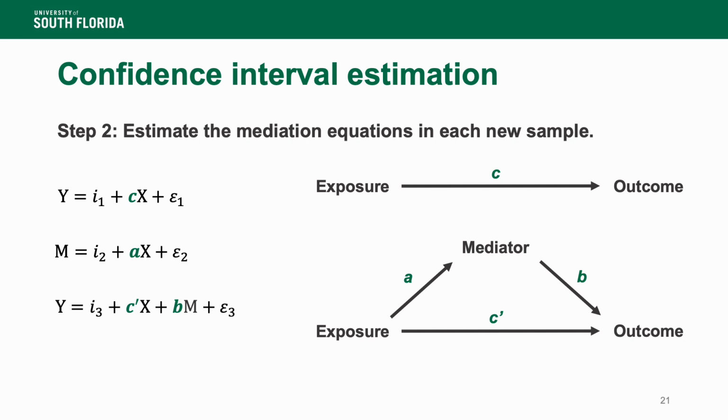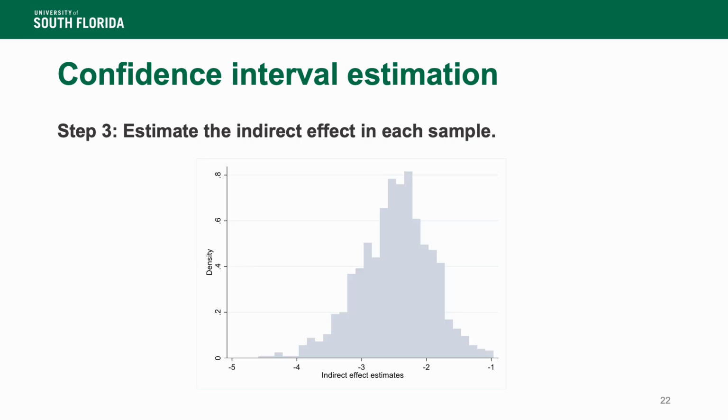In the second step, we estimate the mediation equations in each of the new samples. So these are the 3 equations that we went over earlier to estimate the C coefficient, the A coefficient, the C prime coefficient, and the B coefficient. In the third step, we estimate the indirect effect in each of the samples.